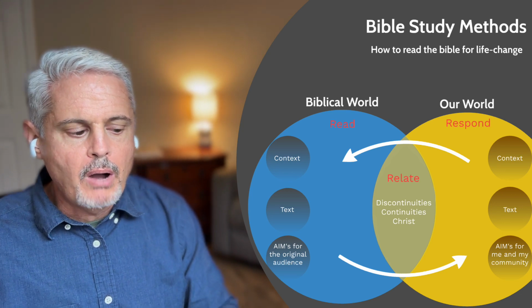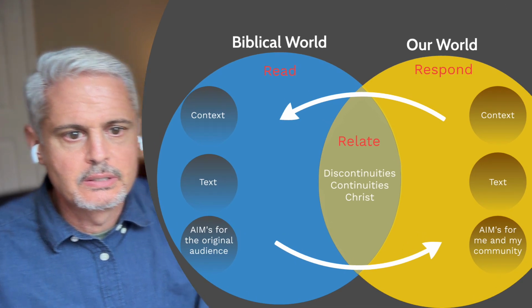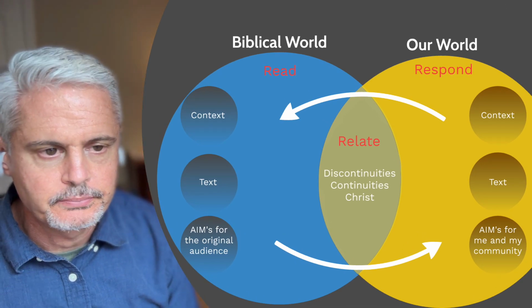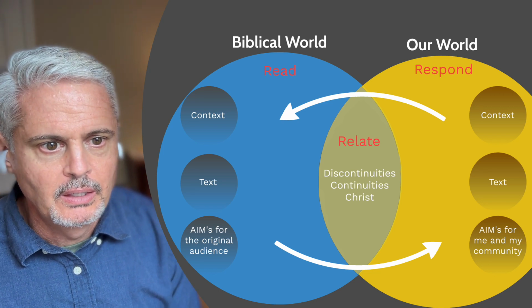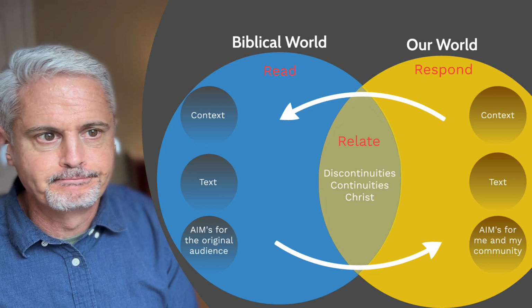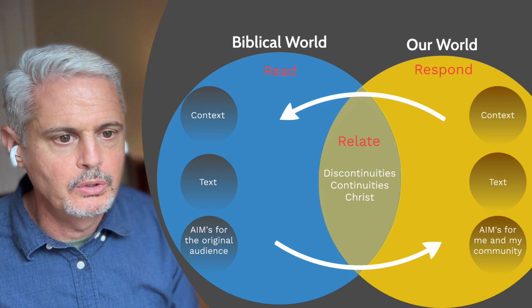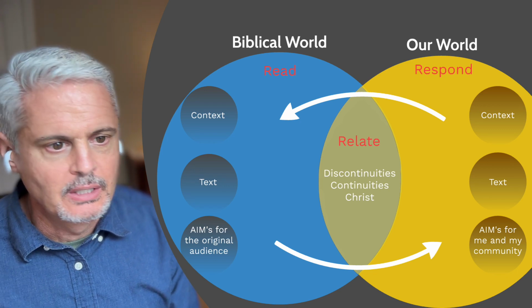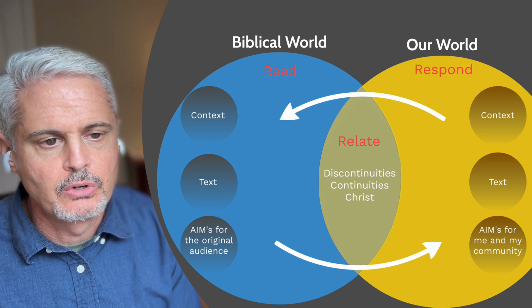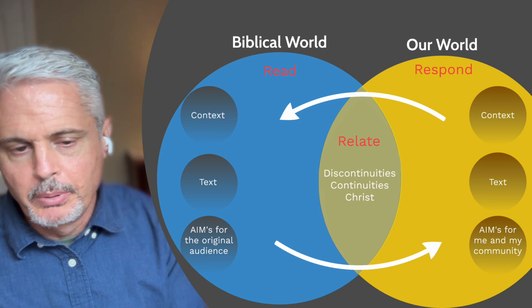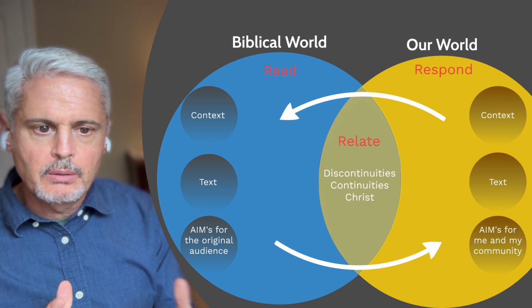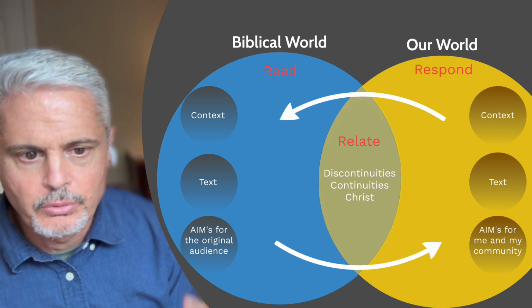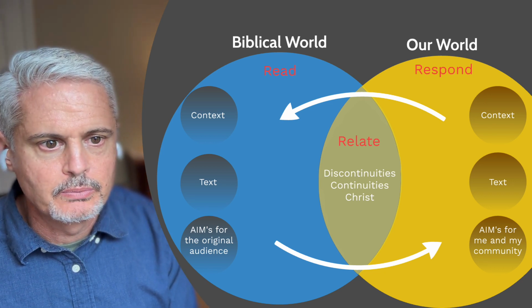Our model essentially consists of two worlds. Our world that we live in, which includes our worldview, our philosophies, our experiences, and so forth, and then the biblical world. As we think about this model, we think of three key words.